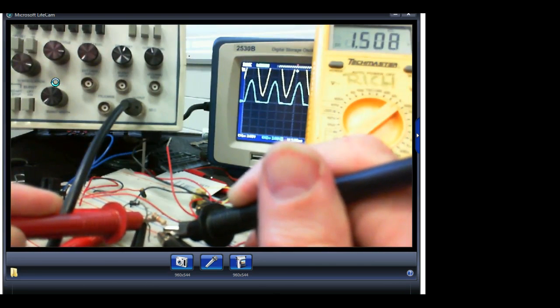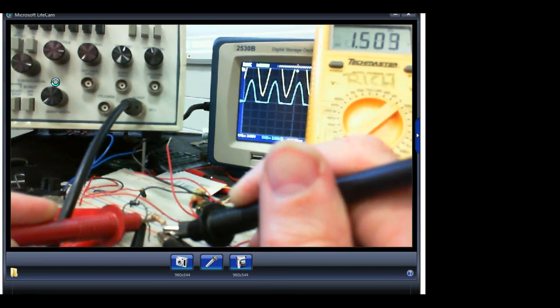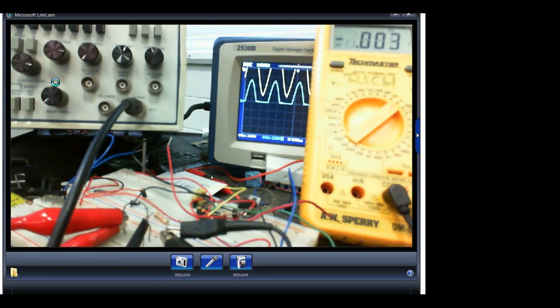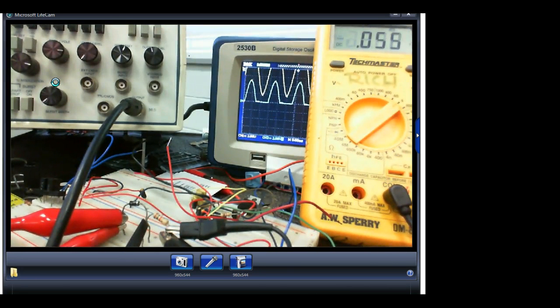We let it settle down. We calculated 1.7. That's not bad. That's only a couple hundred millivolts from what we calculated to what we measured. So odds are the diode's dropping a little more than 7/10 of a volt, or we measured V peak wrong, but I don't think we measured it wrong.